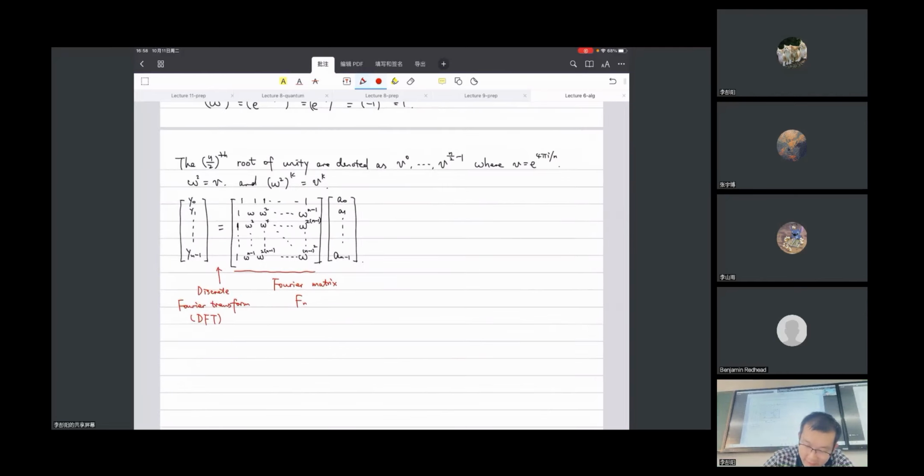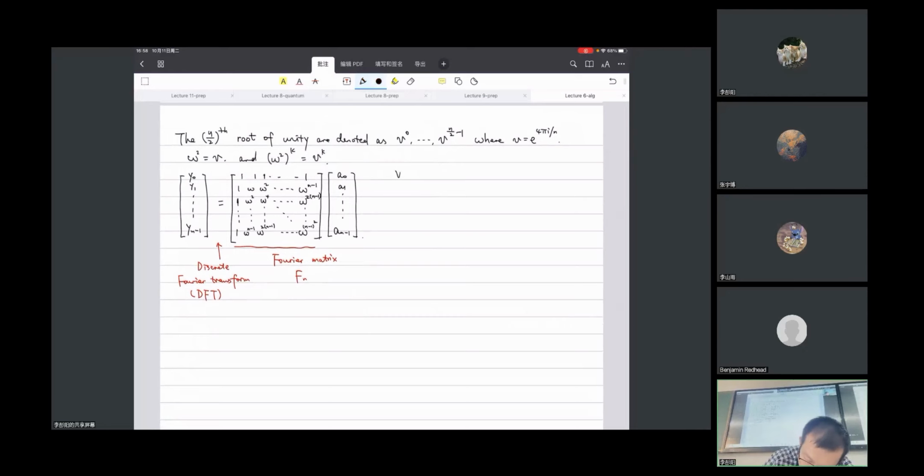Okay, so here we make a further notation. Without loss of generality, we assume n is a power of 2. Otherwise, say n is between 2 to the k and 2 to the k plus 1, this is just a normal trick that we have been doing.